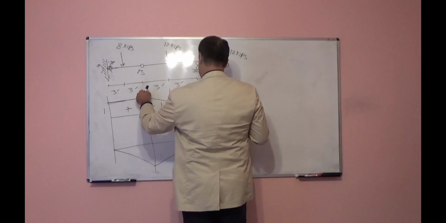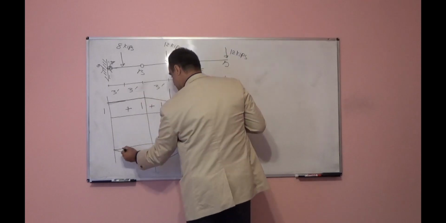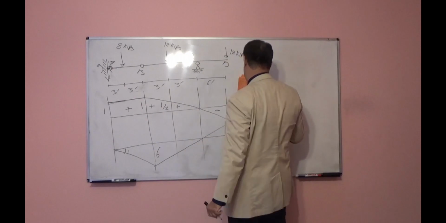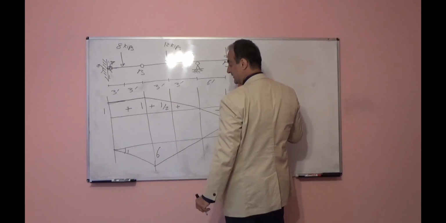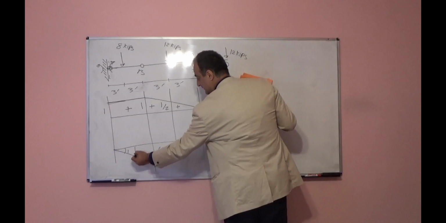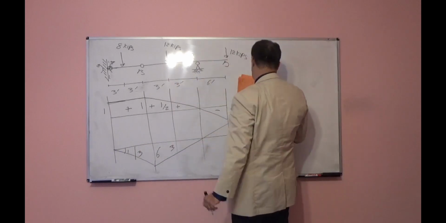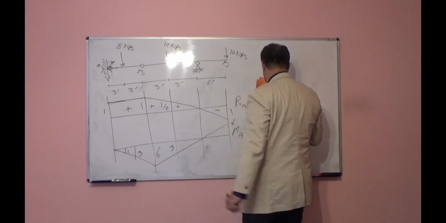From here to here it is 6, because this angle should be unit angle, so this height will be 6. From similar triangles, you can find this height will be 3, this height will be 3, and this height will be 6.